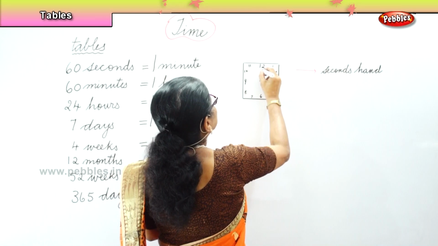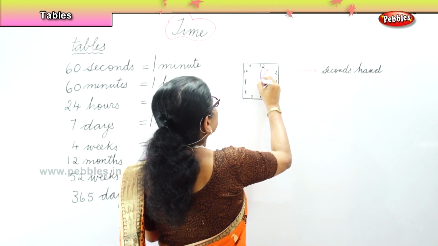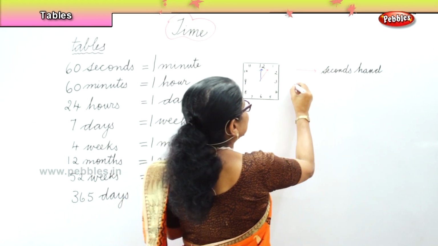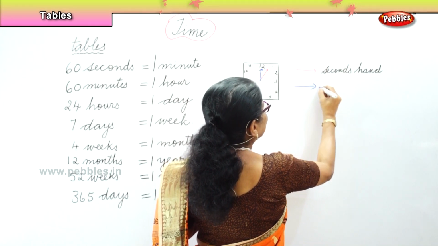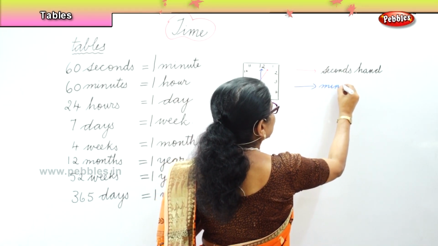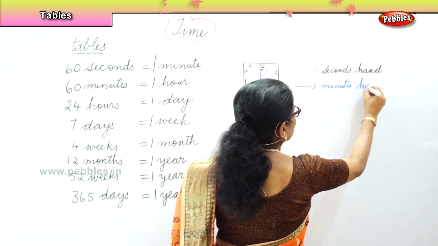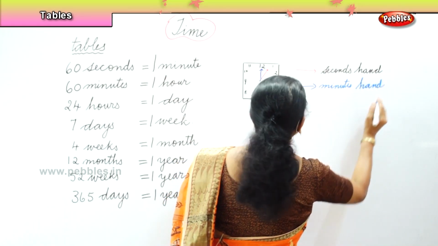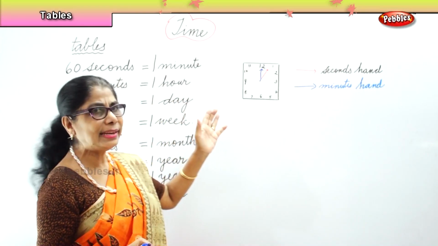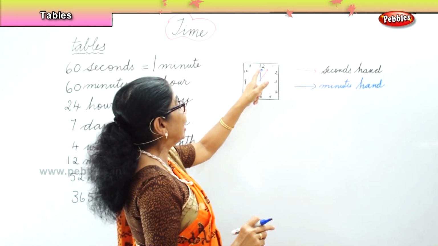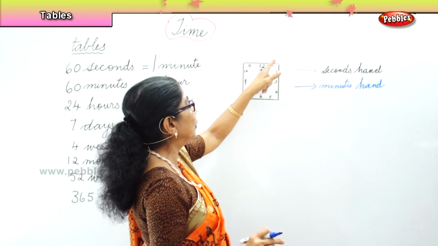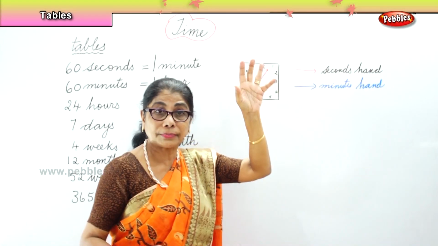Now, this is your minute hand. This minute hand, every time it goes from one number to the other, that is 5 minutes.